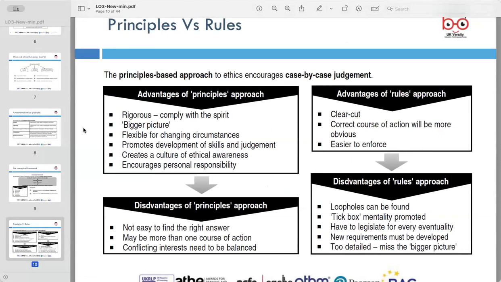This approach offers several advantages, including rigor, as it requires compliance with the spirit rather than just the letter of ethical guidelines. It allows for a broader consideration of the bigger picture and context, and is flexible to accommodate changing circumstances. Also, it fosters the development of skills and judgment, promotes a culture of ethical awareness, and encourages personal responsibility among professionals.